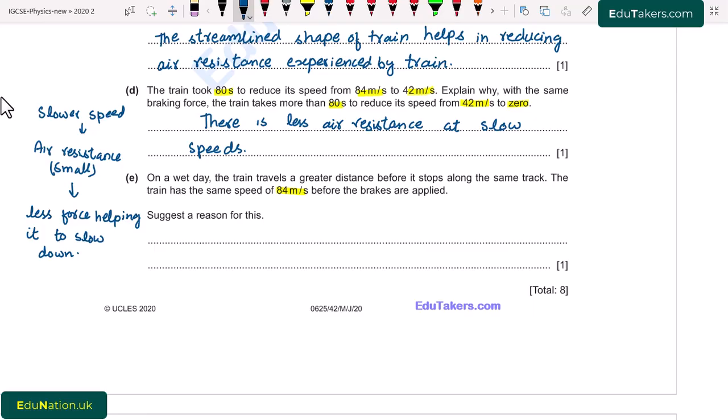This is because the roads are wet and slippery. Because roads are wet and slippery.